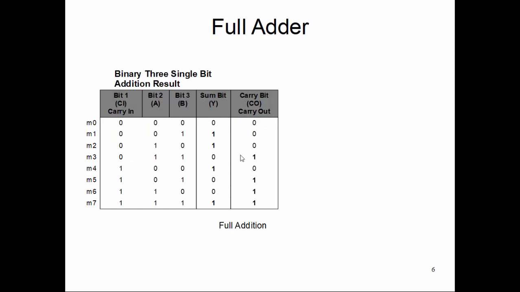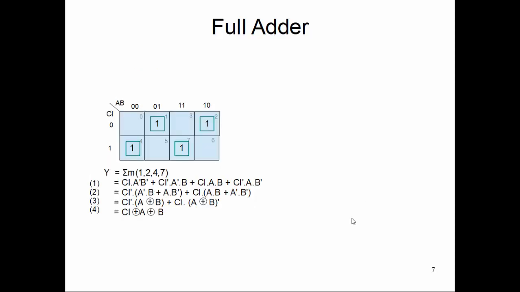Now what about the full adder? We have a truth table again, and we can write its SOP form for the output Y, and also for the carry out. Then we can deploy our K-map. But in this case, K-map doesn't help because it is not going to group into groups of more than one element.